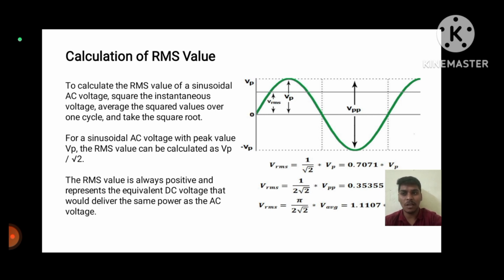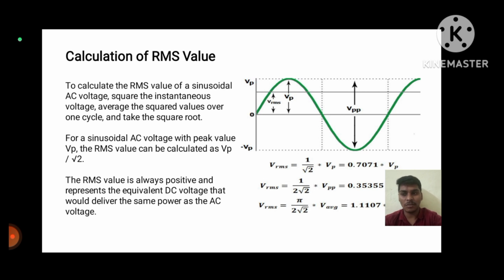Calculation of RMS value. To calculate the RMS value of a sinusoidal AC voltage, square the instantaneous voltage, average the squared voltage over one cycle and take the square root. For a sinusoidal AC voltage with peak value Vp, the RMS value can be calculated as Vp/√2.